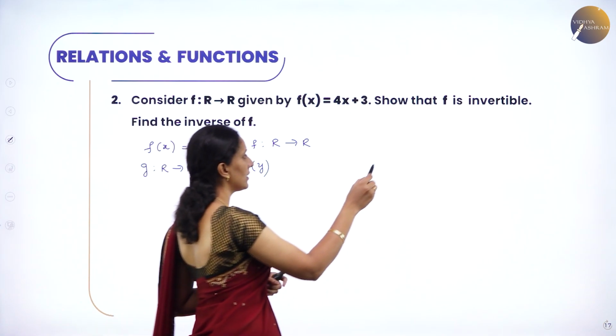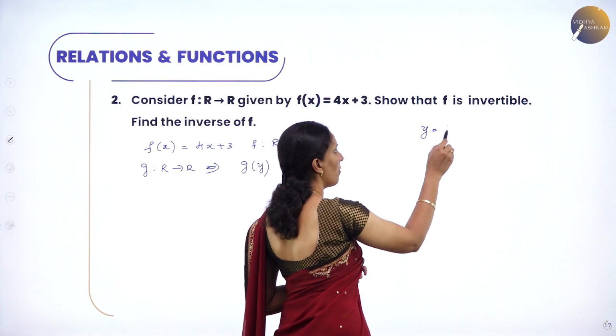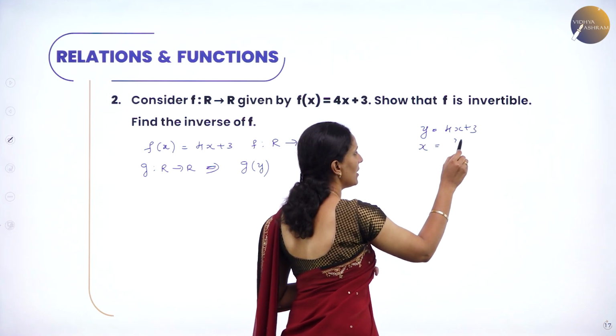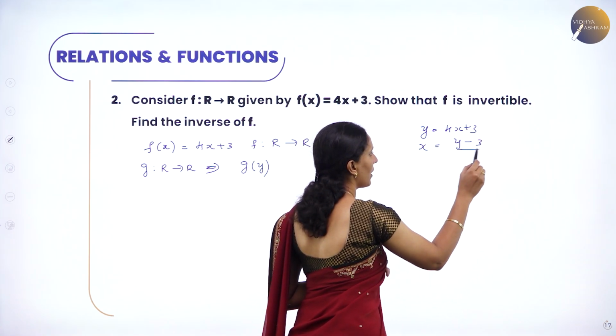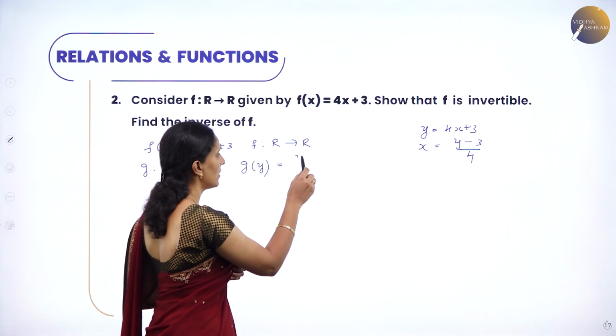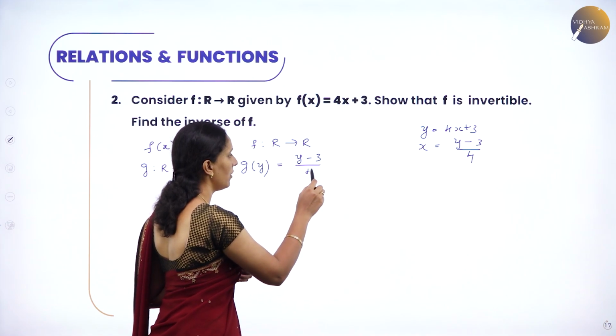So if I take this y in the form of 4x plus 3, then x can be written as y minus 3 by 4. So therefore here g of y can be written as y minus 3 by 4.